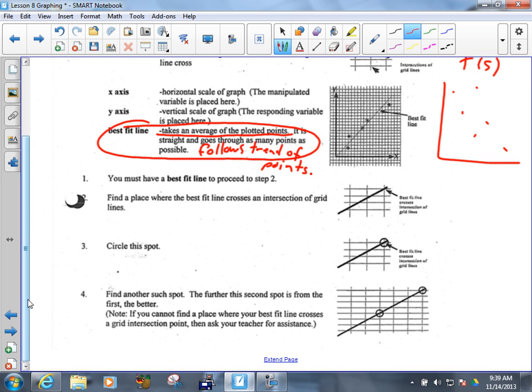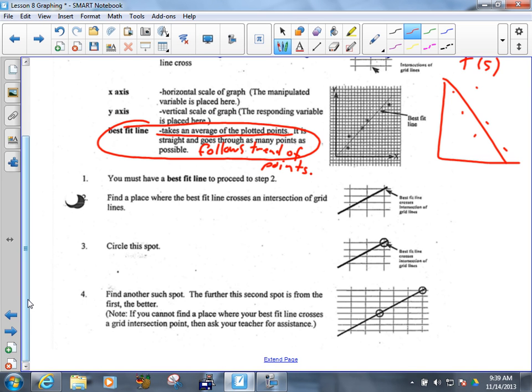No. So your best fit line would go something like that. Not a single point ends up on the line. Is that okay? It's absolutely okay. Most of the time, none of your points will end up on the line. That's perfectly okay. That's why you have grid lines. The grid lines let you find other points to use to calculate slope.